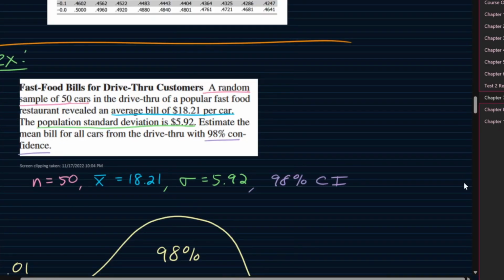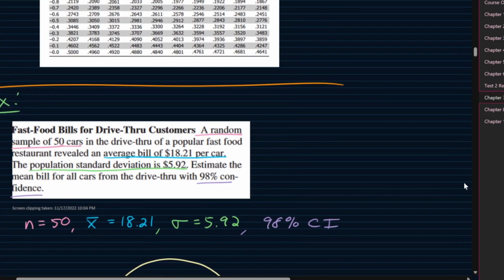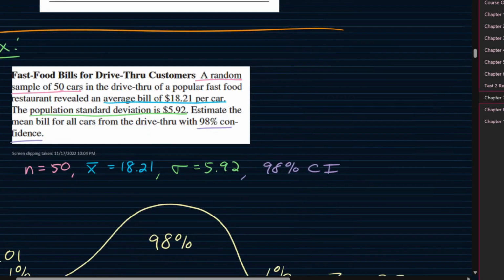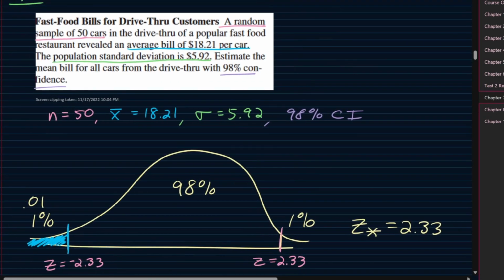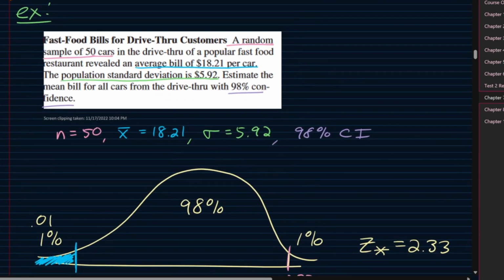So this one had a weird confidence interval, 98%. So again, we draw the picture. And if we want a 98% confidence interval, that means the middle needs to be 98%. We've got 2% left, so we've got to distribute it evenly amongst each tail, leaving 1% in each tail.